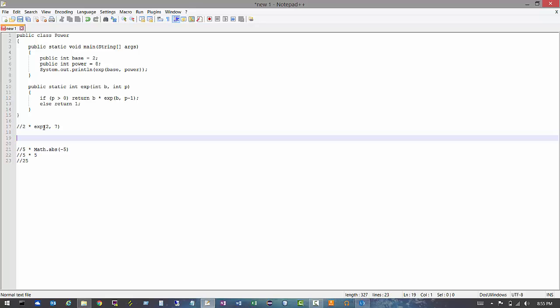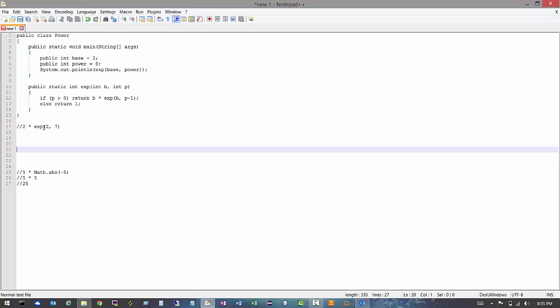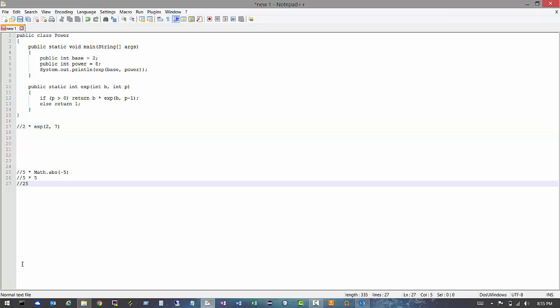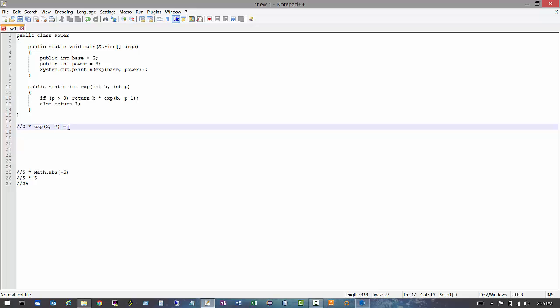The recursive algorithm isn't going to work too differently than that, because what we're returning is 2 times some method that happens to be called exp, 2 to the 7.